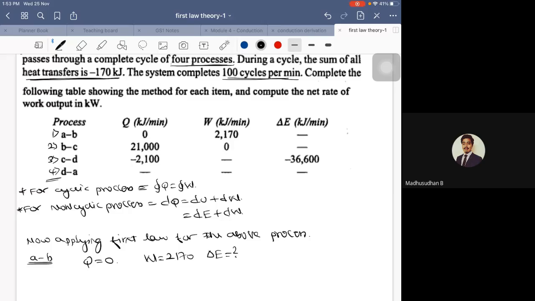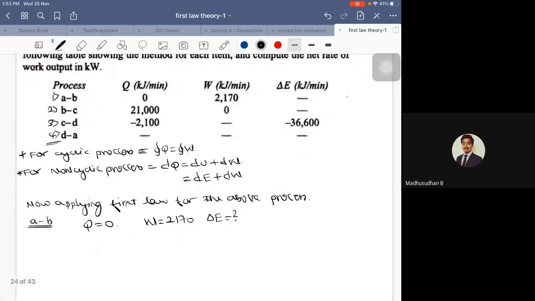Now, if I apply the first law here for the process A to B, it would be Q is equal to delta E plus W. So the value of Q is 0, delta E that you have to calculate, plus the value of W is being given as 2170. Now, can I calculate the value of delta E from this?